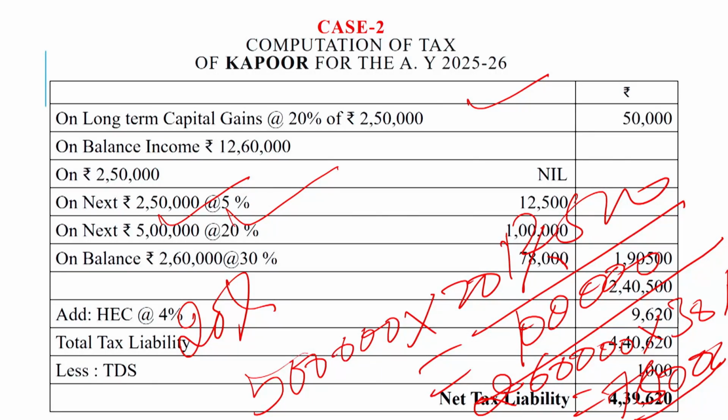1,90,500 plus 50,000 will come to 2,40,500.